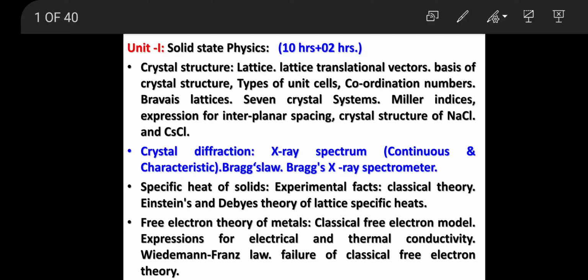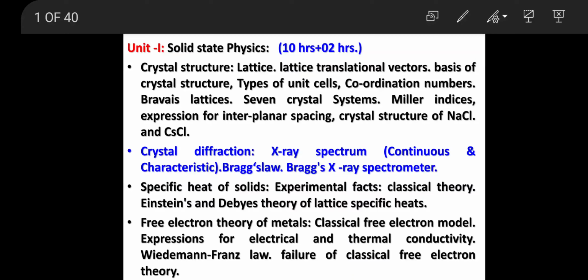So 2 hours for problems. In the third chapter, there is a 10 mark question, either Einstein's or Debye's theory of lattice specific heats. So specific heat of solids in the beginning, experimental facts and classical theory, Einstein's theory of specific heat of solids and Debye's theory of specific heat of solids.